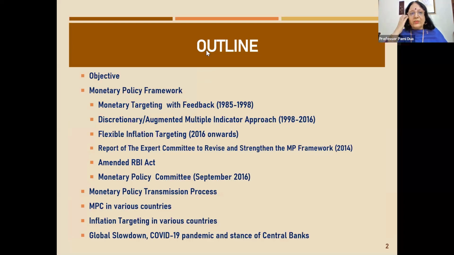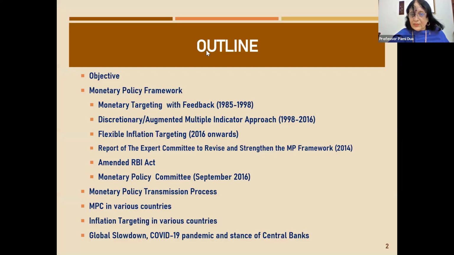So what I'm going to do today is to go over the genesis of the monetary policy framework in India starting in the mid-1980s. So I start with the monetary targeting framework with feedback, which lasted from 1985 to 1998. Then from 1998 to 2016, we had the multiple indicator approach.